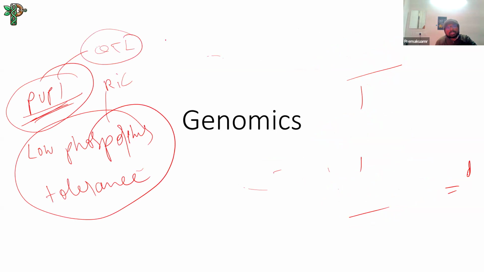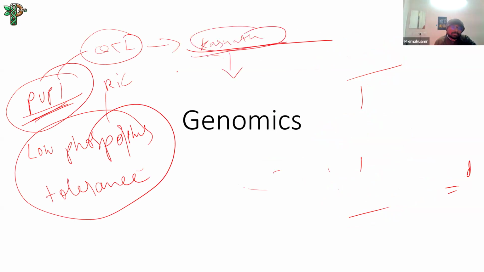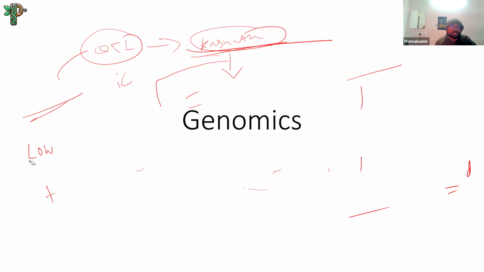It was identified in which variety? Kasalath. Then it was transferred into several backgrounds, such as IR64. It was transferred into several different mega varieties' backgrounds. Then the rice varieties became low phosphorus tolerant varieties. Then another QTL called Saltol.